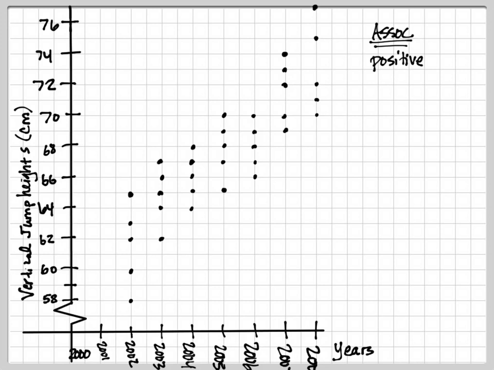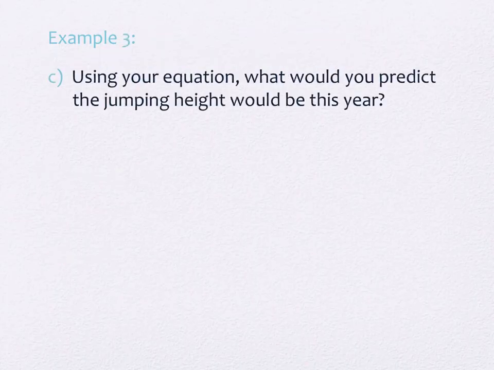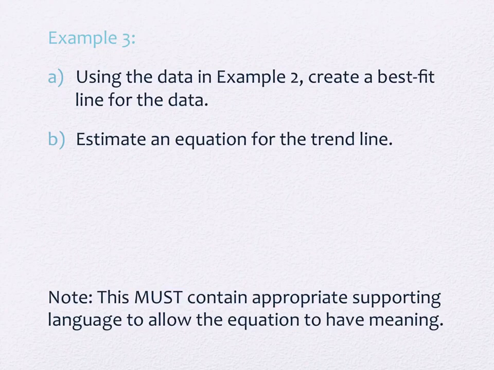But if you look at letter B, it asks you to create a best fit line, for example, 3. A best fit line means finding a line that mimics the behavior of the data.